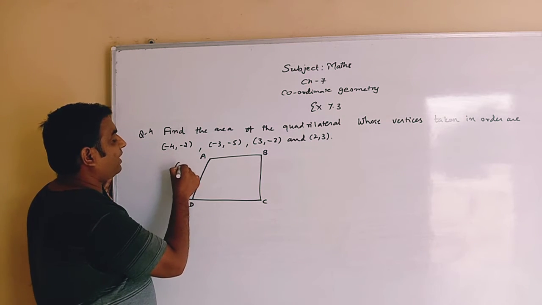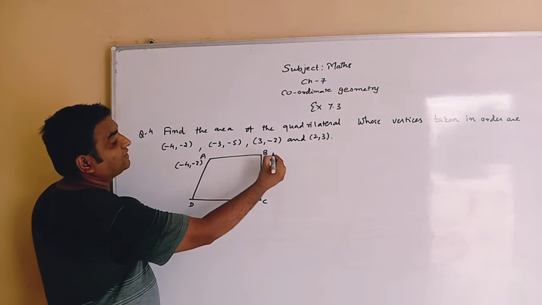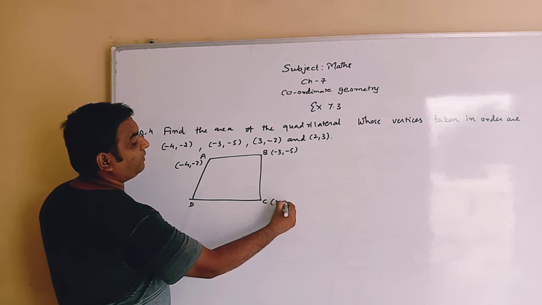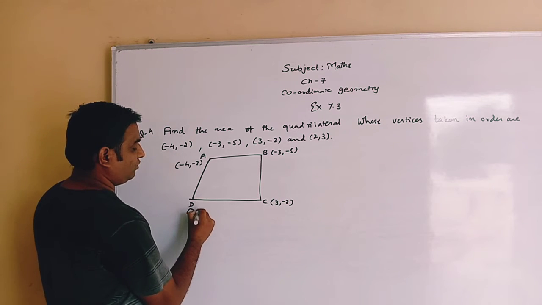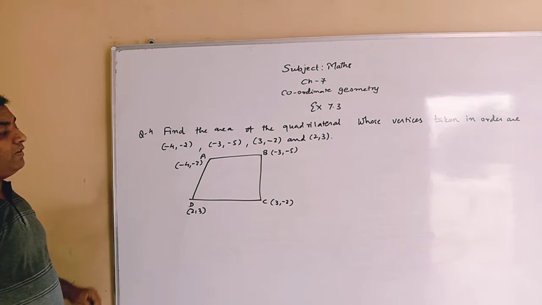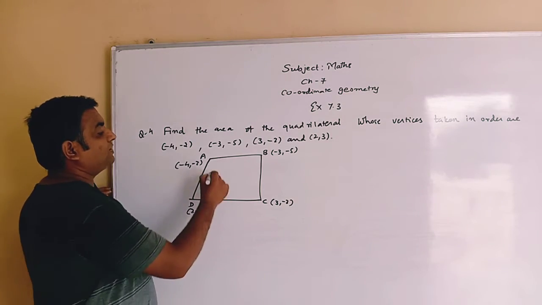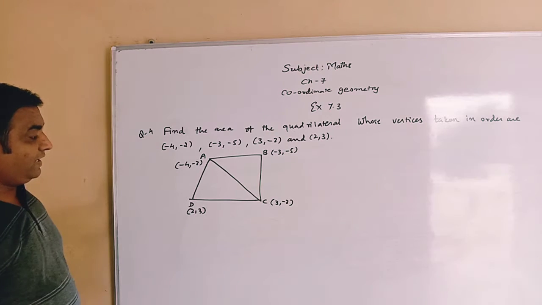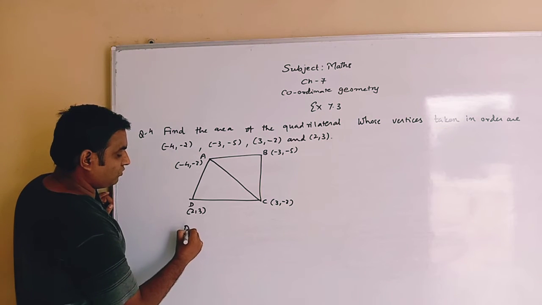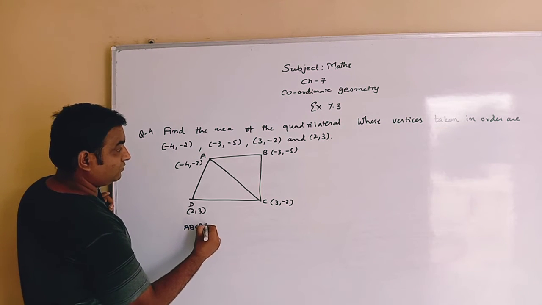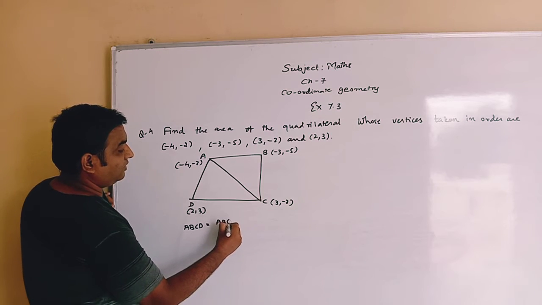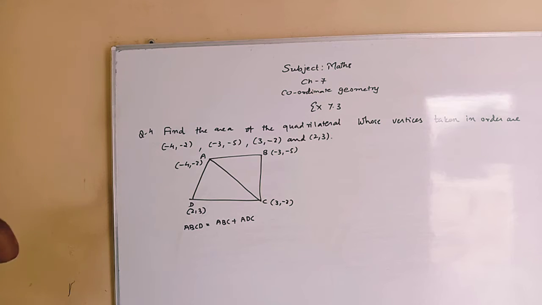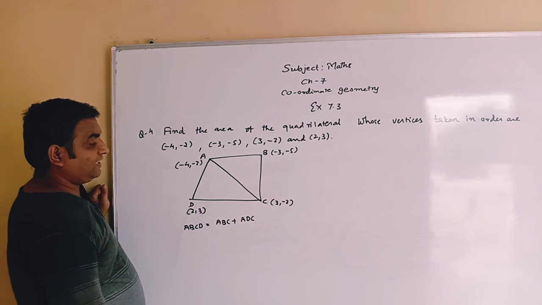A is given as minus 4 minus 2, B is minus 3 minus 5, C is 3 minus 2, D is 2 3. Now we want to find the area of ABCD, meaning we draw the diagonal AC. Then ABCD equals ABC plus ADC. So we calculate the area of ABC and ADC.